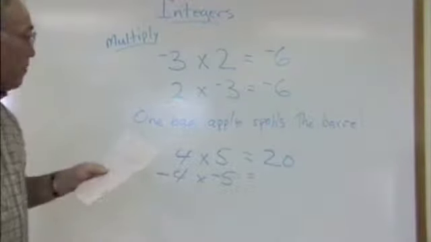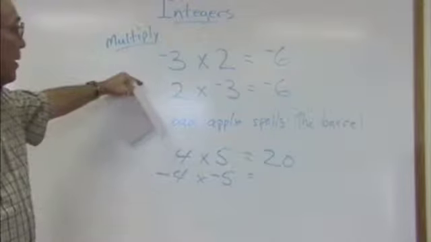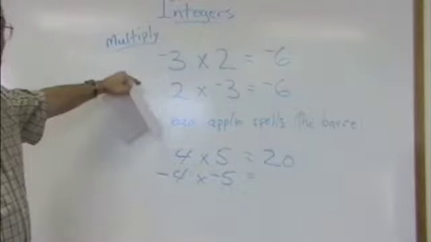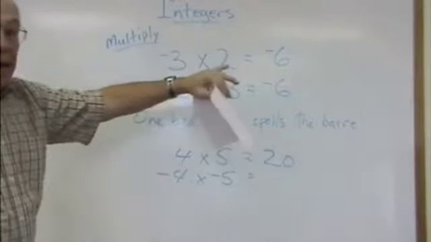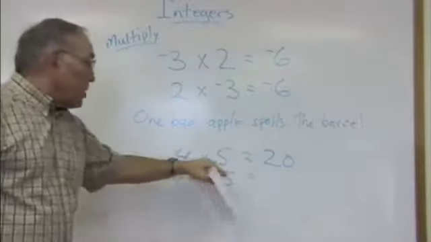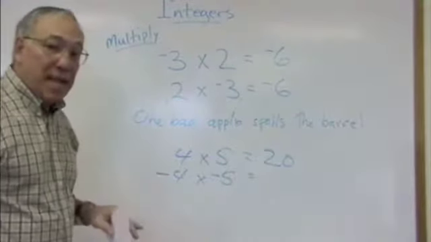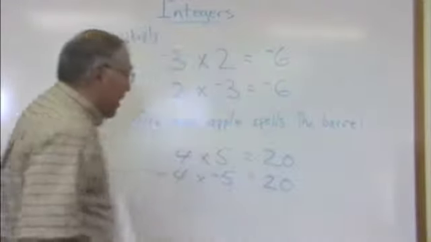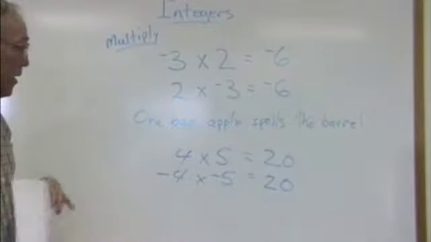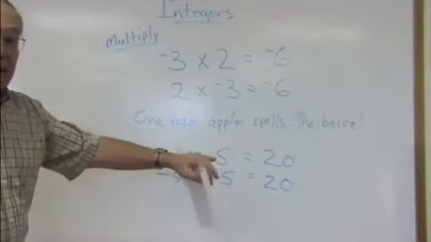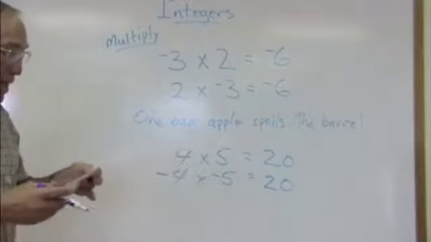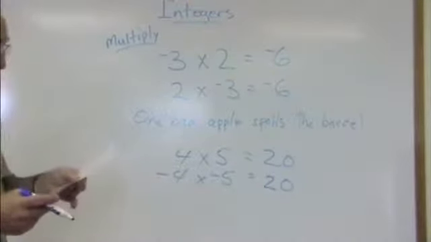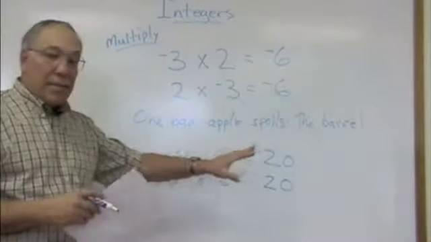If there's one negative number, one bad apple, the answer is negative. If the signs are the same, the answer is always positive. A negative times a negative is a positive. You have to say that to yourself over and over. If the signs are the same, the answer is positive.